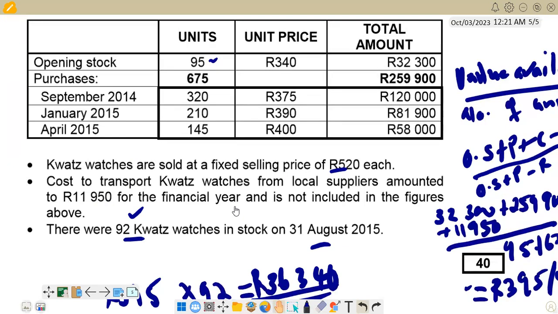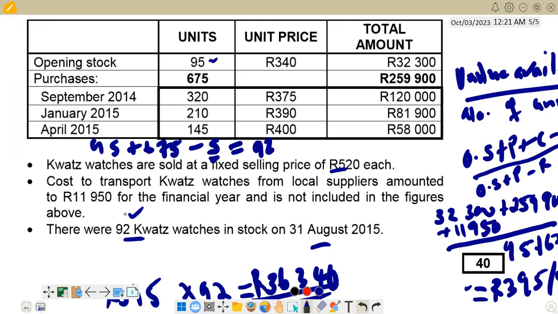We have got 95 plus 675, and then we say minus S. Then we get 92. So 95 plus 675 that were purchased, and we subtract sales, we get our closing stock, which we were told is 92. So we want to find S.